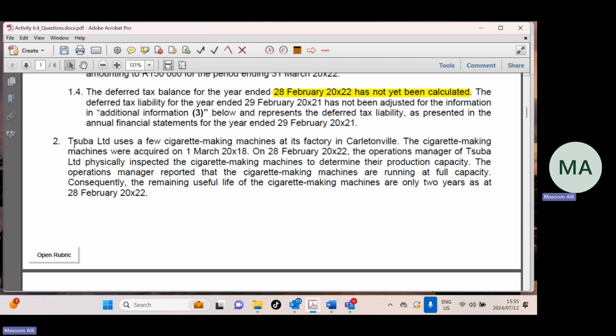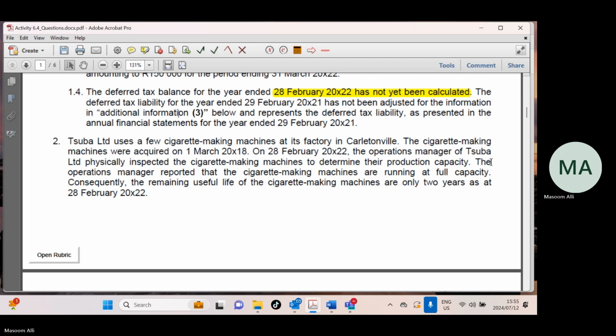The next point says that Tsuba Limited uses a few cigarette making machines at its factory in Carltonville. Okay, so this is telling us again PPE. PPE should be coming up in your mind, right? The cigarette making machines were acquired on the 1st of March 2018. On the 28th of February 2022, the operations manager of Tsuba Limited physically inspected the cigarette making machines to determine their production capacity.